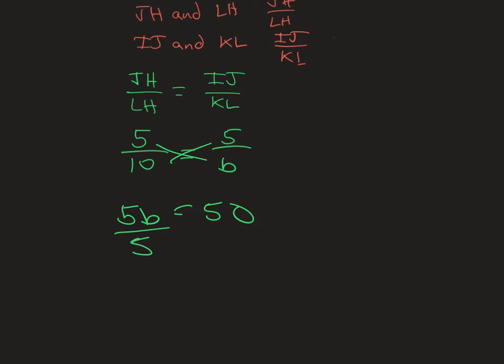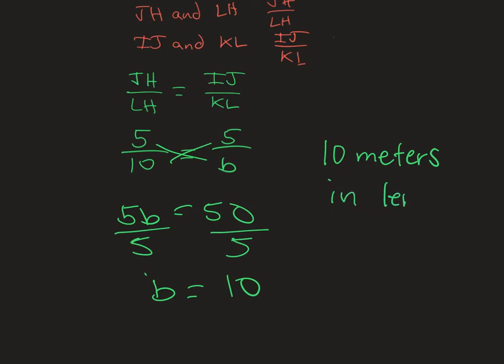Divide both sides by 5, and you get B equals 10, because 5 times 10 equals 50. The missing side length is 10 meters in length.